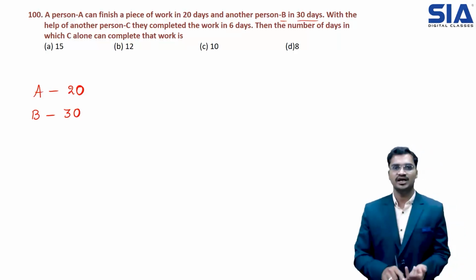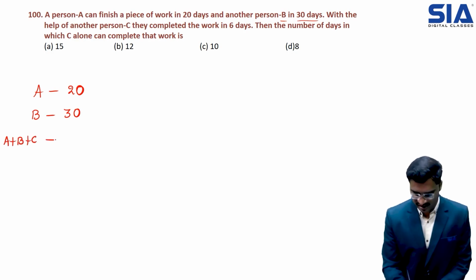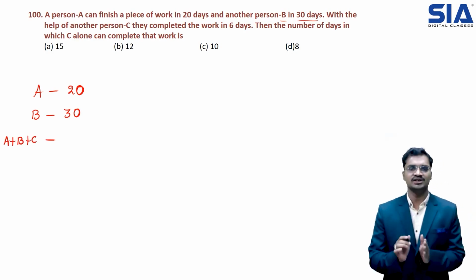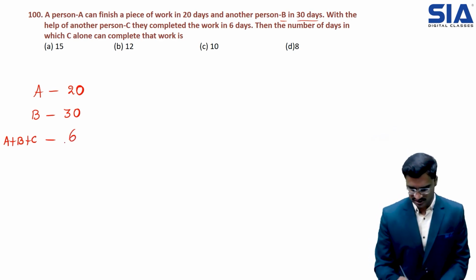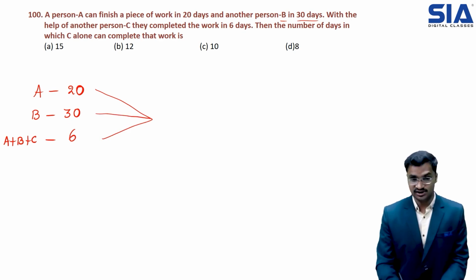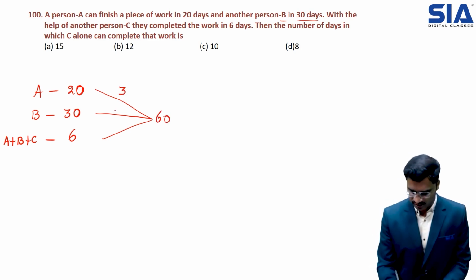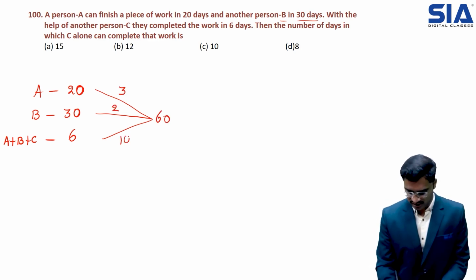So A, B, C, all three are working together and completing the work in 6 days. Let us take the LCM of these values, 20, 30, 6, as 60. 20 3s are 60, 30 2s are 60, 6 10s are 60.